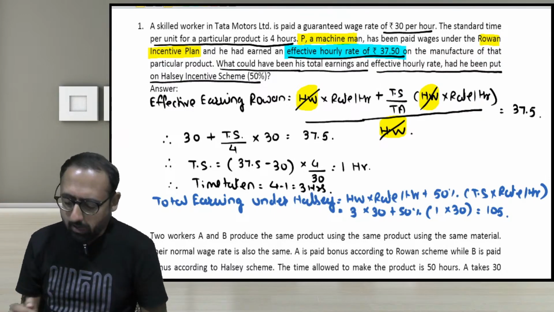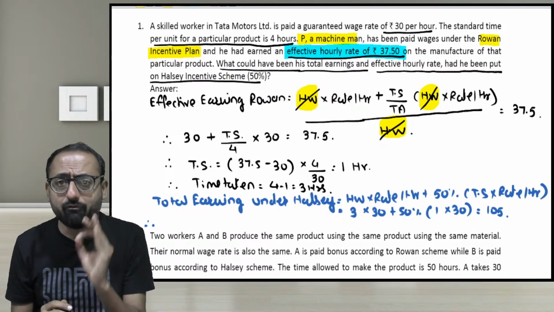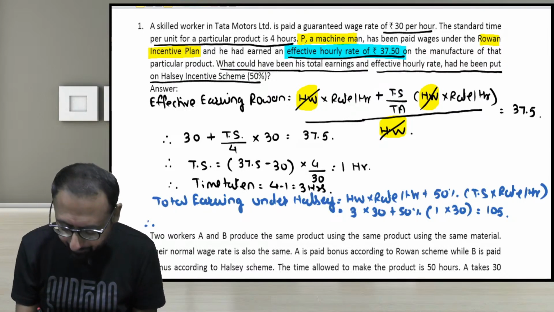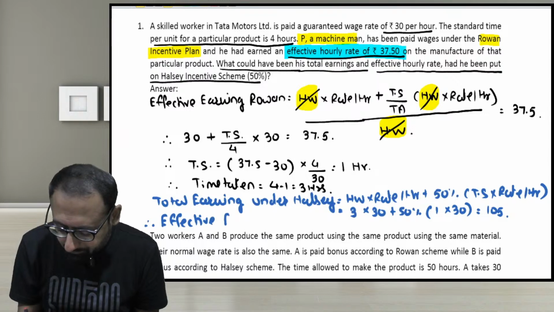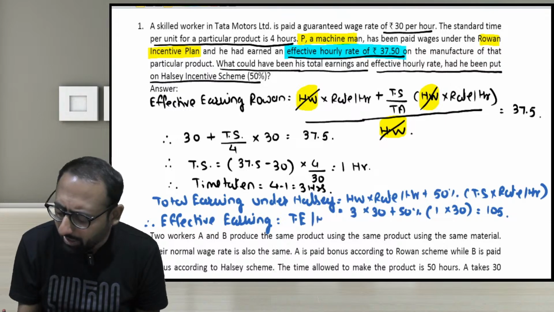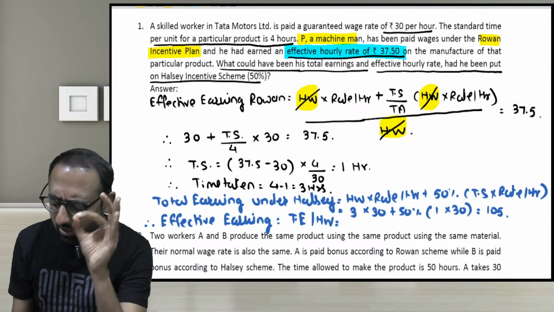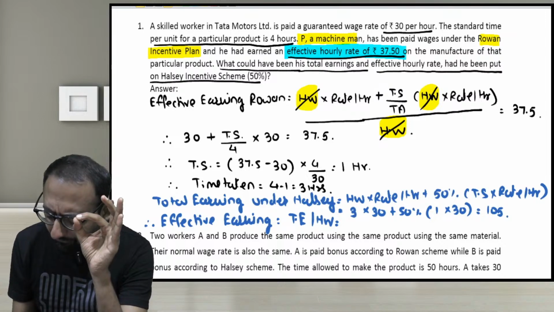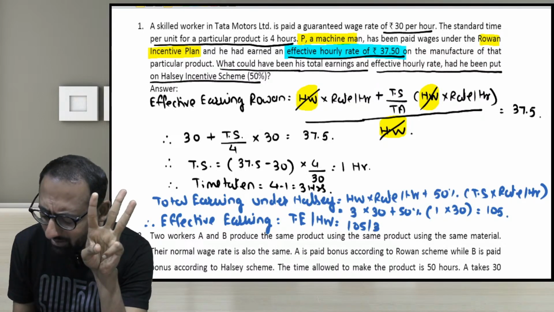Yes or no? Now, boys and girls, you also have to calculate the effective hourly wage rate under Halsey. Effective earning is equal to total earning divided by hours worked. Your total earning is 105 and hours worked is only 3 hours.